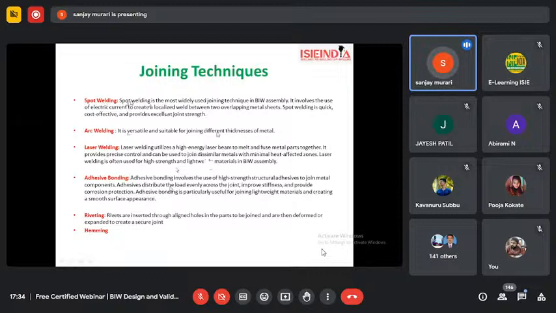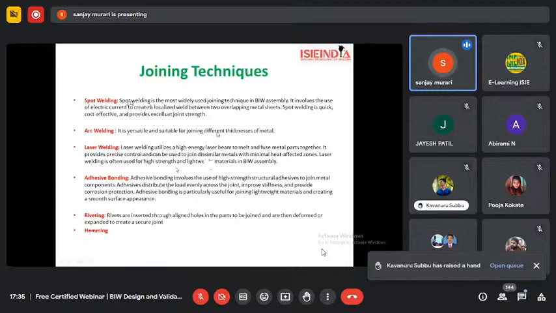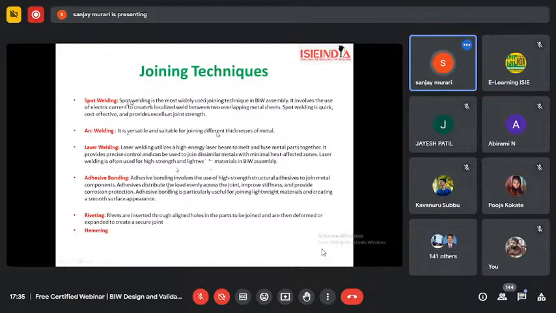Adhesive bonding is nothing but some gum-kind of semi-liquid that we attach with, just like our Fevicol or something. Some good, high-strength adhesive material is applied between the overlapping surfaces of the two parts, and the parts are joined.